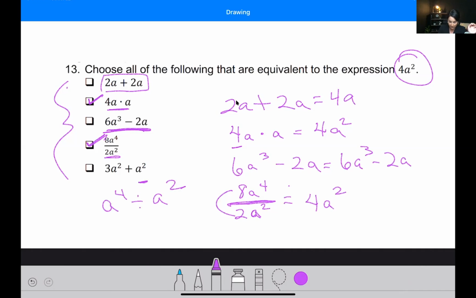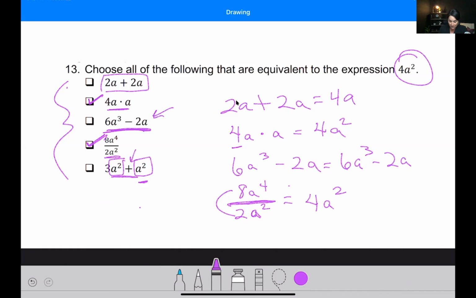And now let's look at the last one here, 3a squared plus a squared. In this case, I have addition, but I have the same bases here. So can I combine them? Yes, I can. In the other one, I don't have the same bases. I have a to the 3rd and then just an a. Can't combine. But this one I have a squared and a squared.